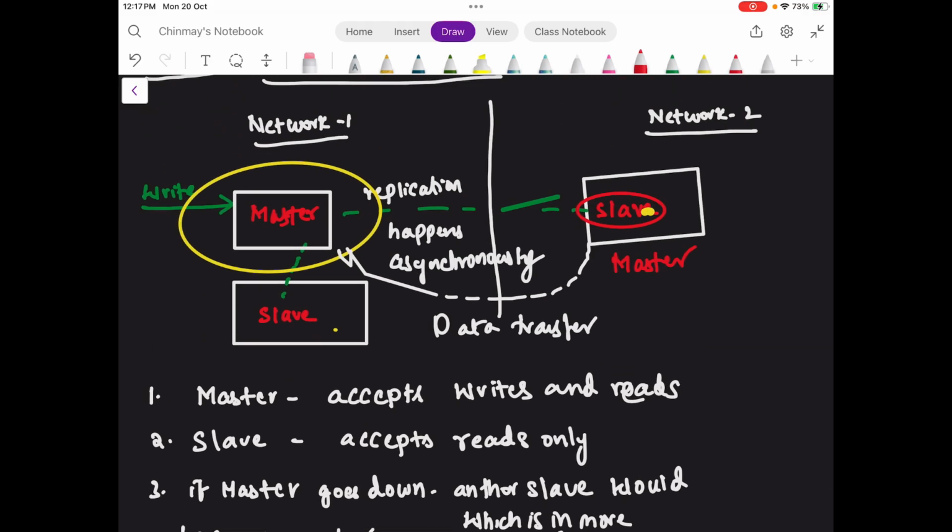For example, there is a master and two slaves. The master goes down. One slave becomes master. Later, the old master comes up. What will happen? Data transfer starts from master to slave.